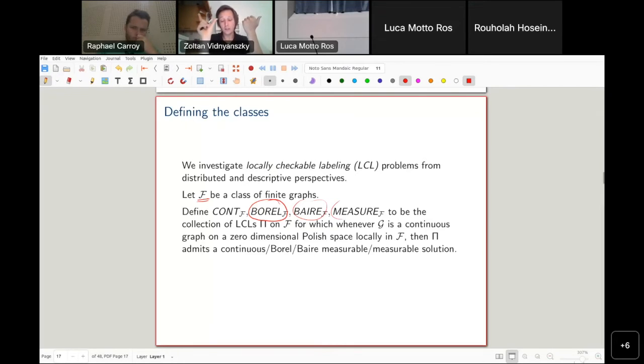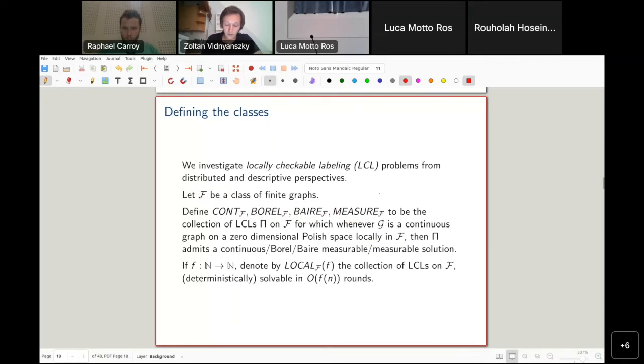Well, an infinite path locally looks like a finite path. So if you just look at it in some segment, then it's going to be the same. So the definition of this class really is that whenever you give me a definable graph which is locally in this finite class, then I can solve it in a Borel manner, Baire measurable manner, whatever.